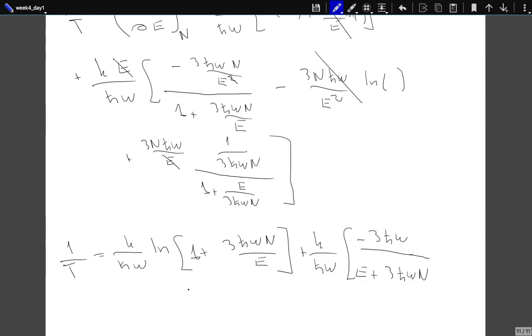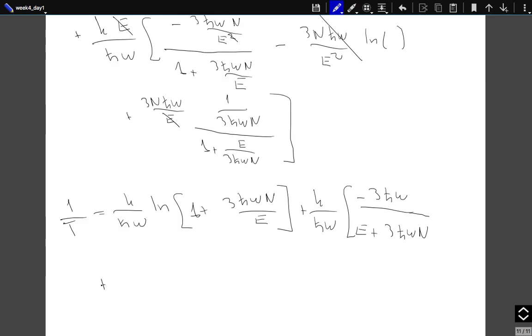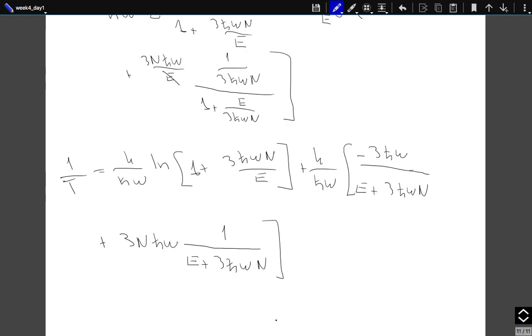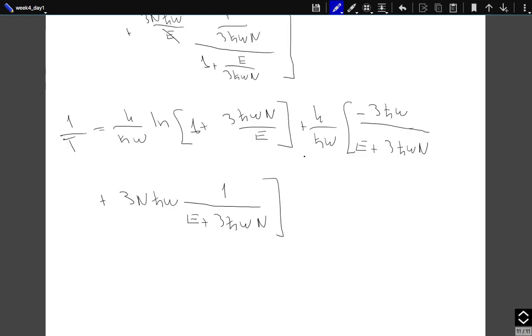This is the first term. Plus 3n h bar omega times 1 over E plus 3 h bar omega n. Now h bar omegas, I can also cancel those.